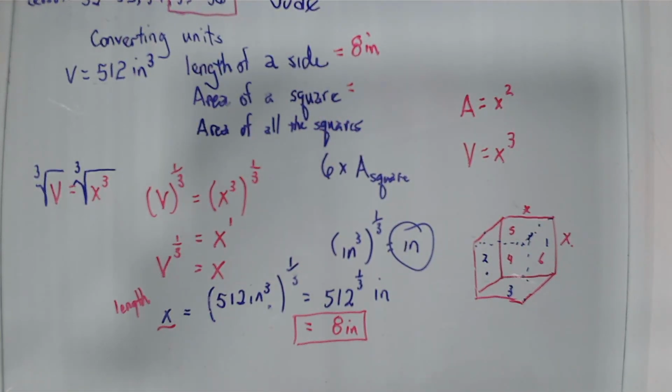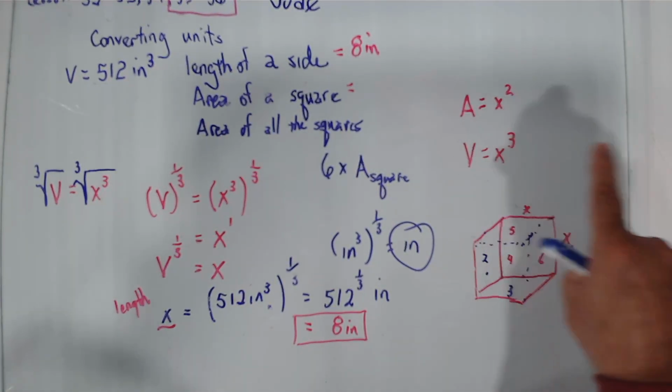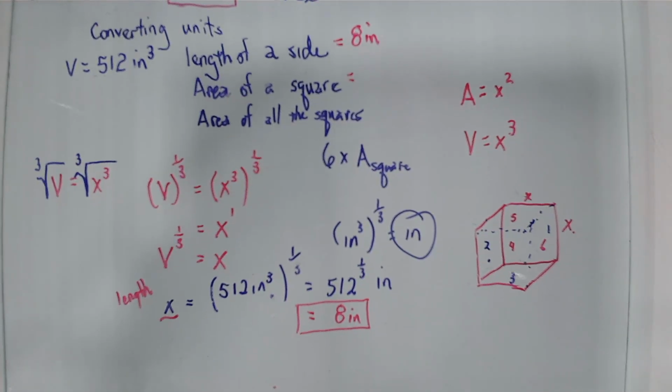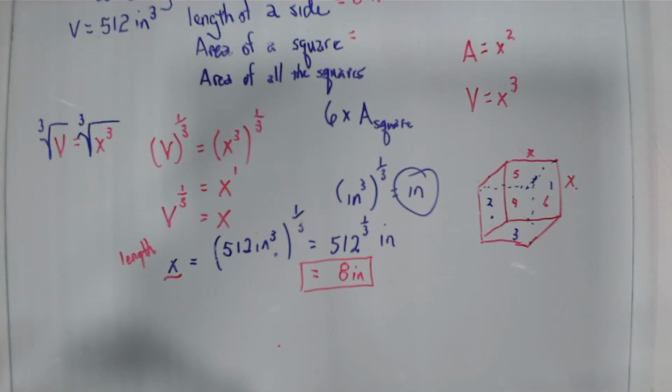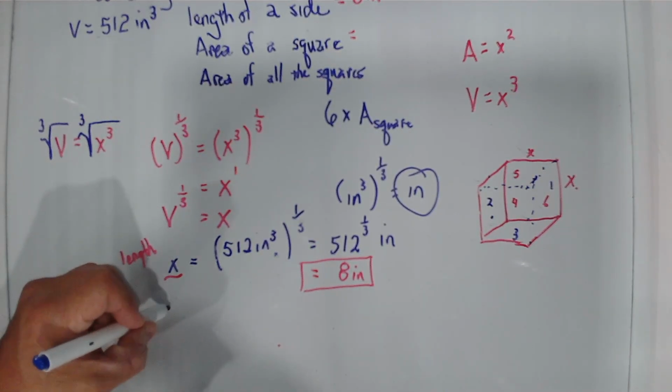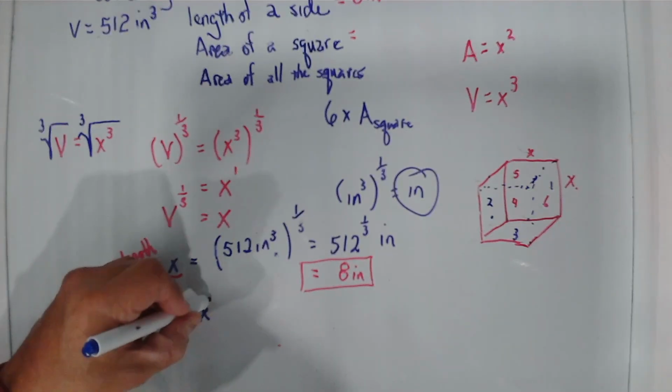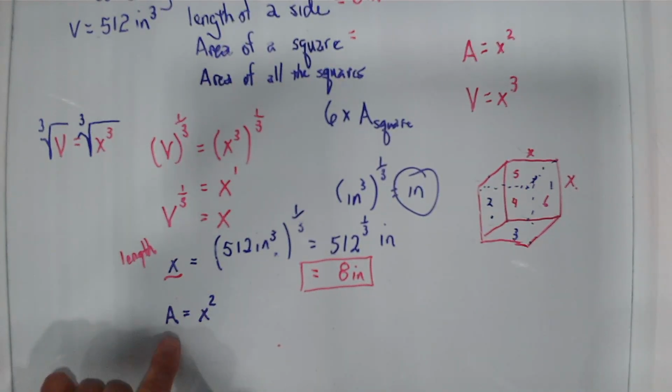Okay, what about the area of a square? What is our formula for area? Area is x squared. I think I got enough room to squeeze it in here. So we know area is equal to x to the second power, right?